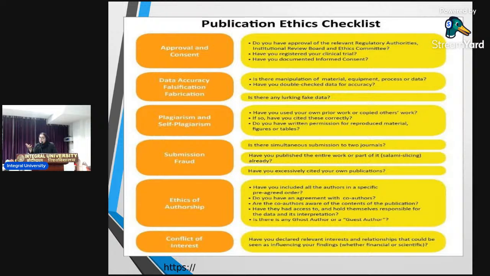Whether the paper that has been written by you is totally original, or have you just picked up material from somebody else's work? So, have you used your own prior work or copied others' work? This is a question that you're asking yourself.